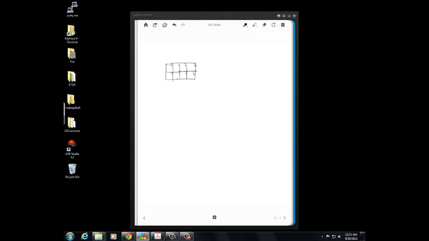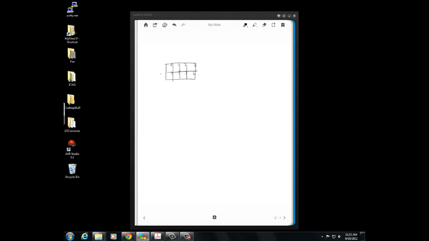Now the reason for this is because we're going to end up circling stuff in K-maps. And when we circle the stuff, we're grouping things that have similarities, which allows us to do the reduction. It's also important to know that these numbers are representing your input combinations.